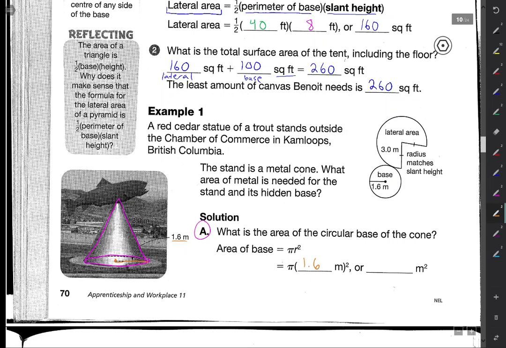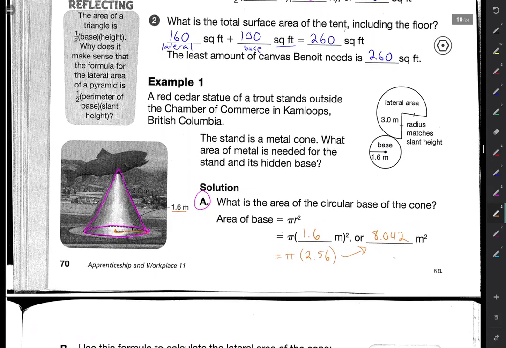So I like doing the 1.6 squared in my calculator before doing it times pi. So I would have pi times 2.56. Or if I were to calculate that, we would have 8.042 meters squared. So that there is the area of that circle, or of the base of that cone.